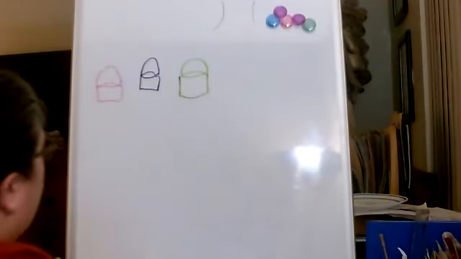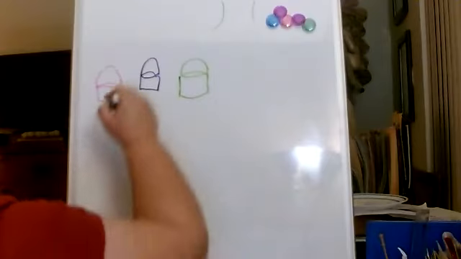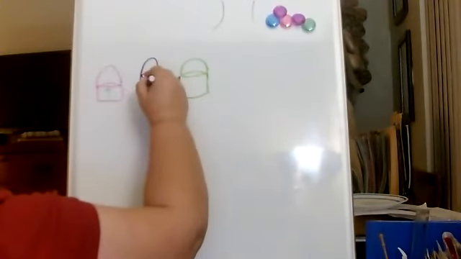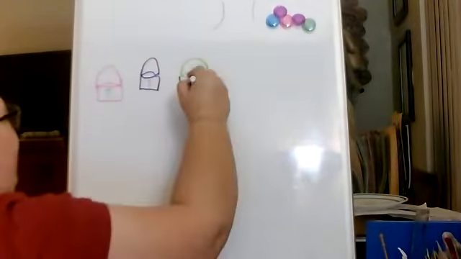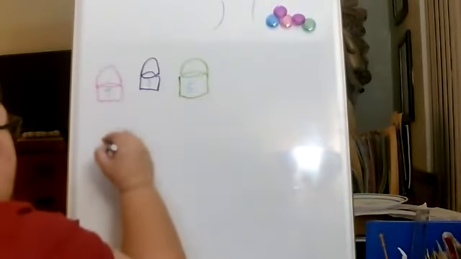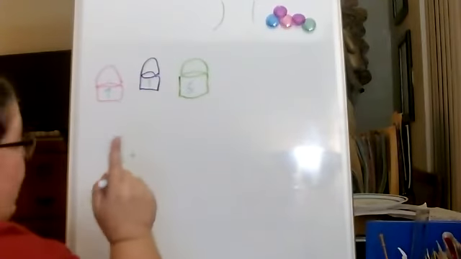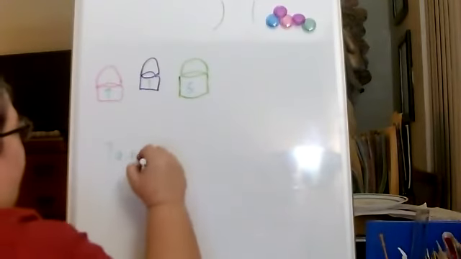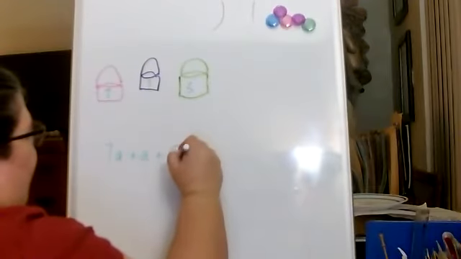Okay. And in our baskets, she has 7 in this one, and 1 in this one, and 5 in this one. So we know 7a plus 1a. We don't have to write the 1 because we know that if it's just 1, you can just write the variable, plus 5a.